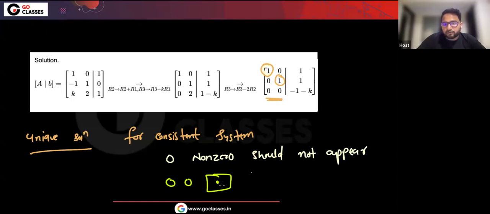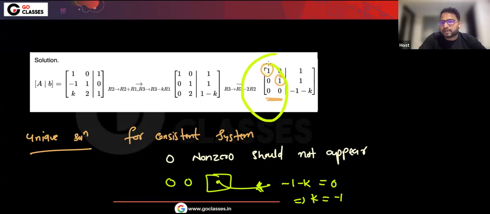So whatever this is, which is actually -1 minus k, it has to be zero only. Which means k should be -1. So this way the system will be consistent. And automatically it will have the unique solution, because these are already linearly independent. So it will definitely have the unique solution.